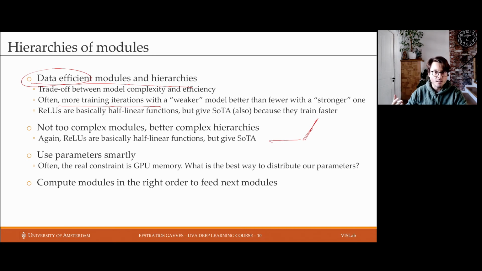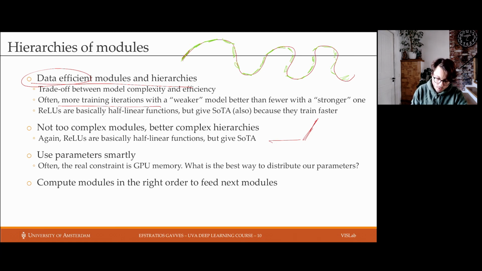So it's the hierarchy that makes the final result and makes the most sense. To give an example, let's say we want to model a highly nonlinear function. Well, it's very easy to imagine that we can use piecewise linear functions to approximate this curve quite all right. We don't need very complicated polynomials to approximate this curve. And these piecewise linear functions are basically similar to a ReLU.